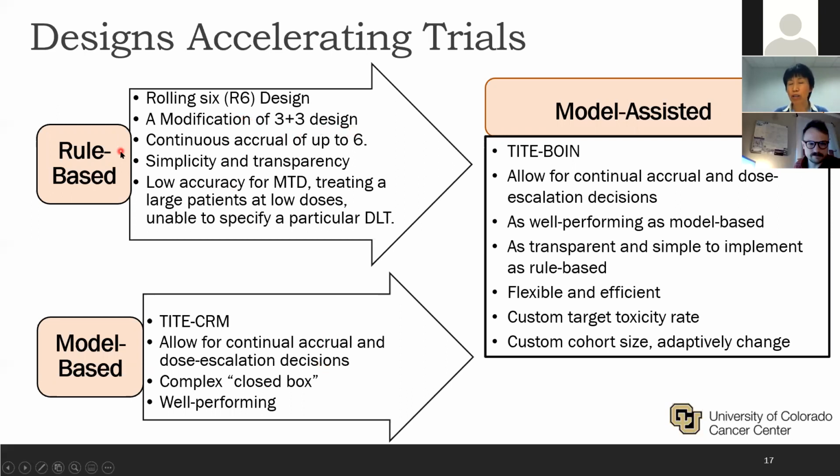It's a rule-based or algorithm-based design, which allows for continual accrual of up to 6 patients. It's just like the 3+3 design, simple and transparent. The decision rule is pre-tabulated, or actually invariant to any trial we're going to use, if we use the rule of the rolling 6 design.